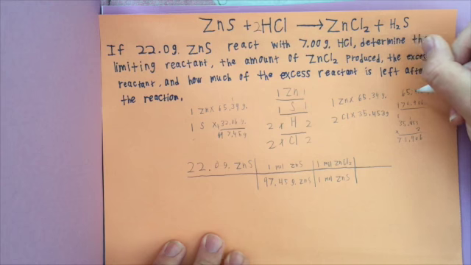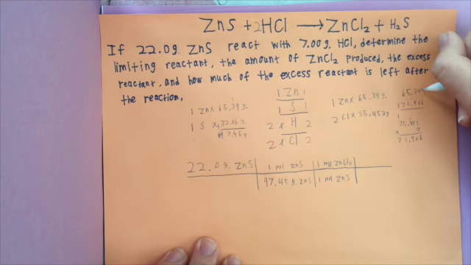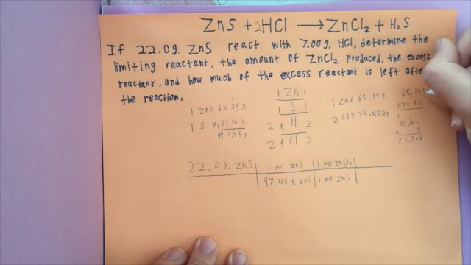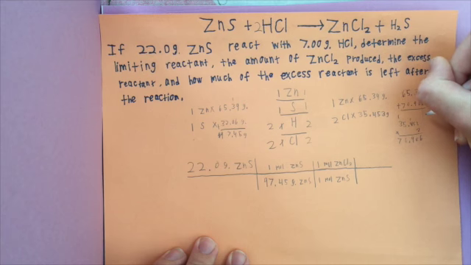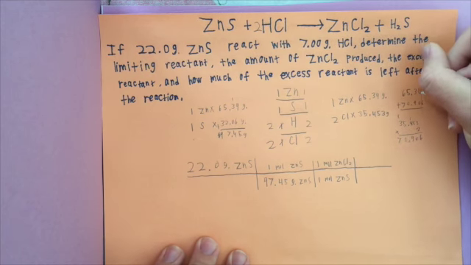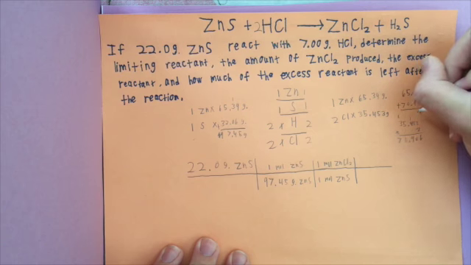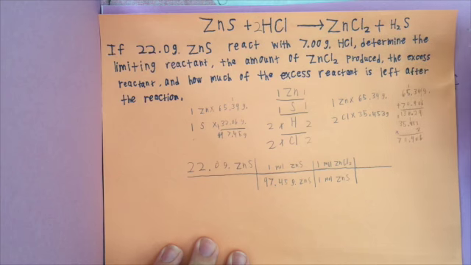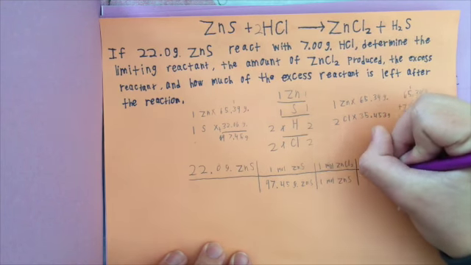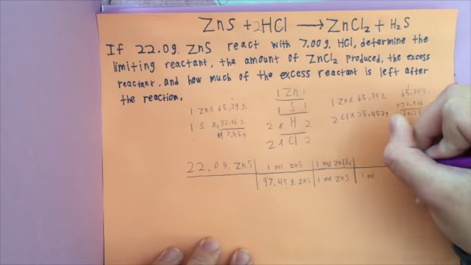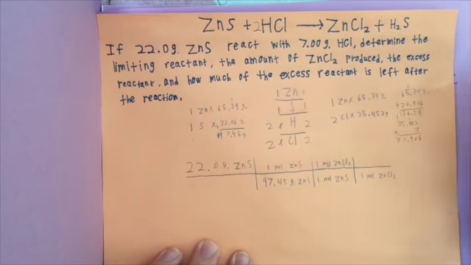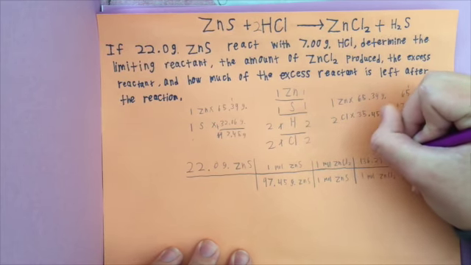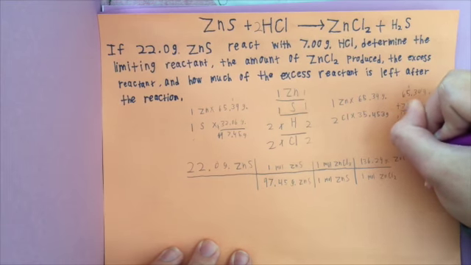And now, because of sig figs, we have to line them up by place value when we're adding. So in this case, it goes to the hundredths. So we will cut it off at this point here, and now we will add them up to get 136.29 grams. So, back to the problem. 1 mole of zinc chloride is equal to 136.29 grams of zinc chloride.